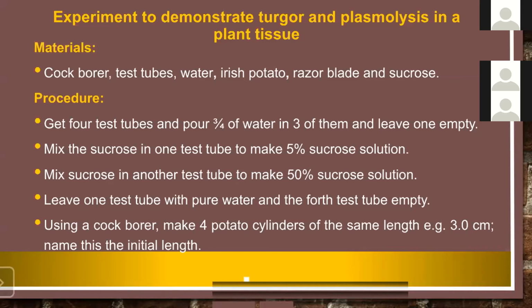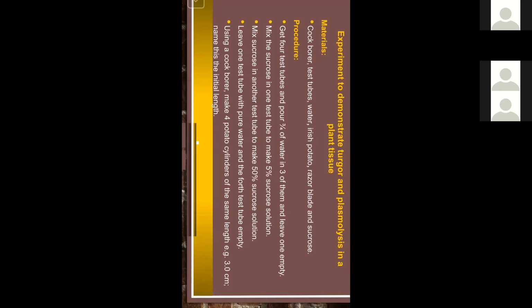If you're looking at a plant tissue, it means that plant tissue must be having a cell sap whose concentration is lower. Hypertonic, higher concentration. Hypotonic, lower concentration.